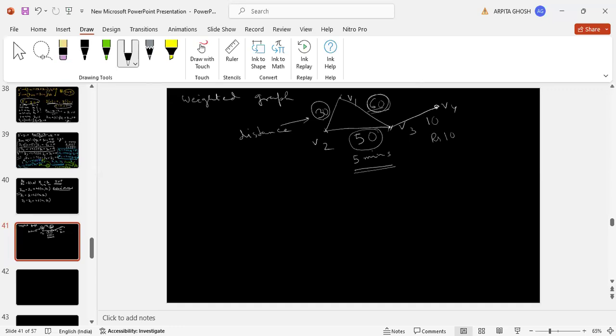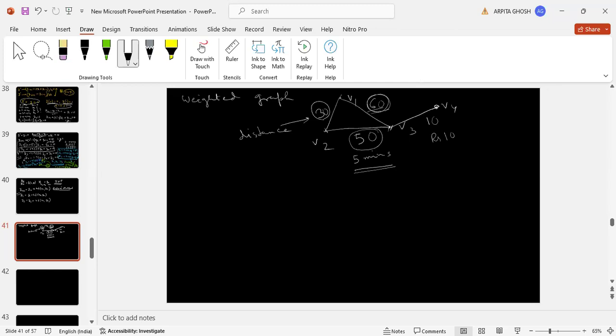That means the numbers associated may be the distance between 2 points, they may be the time taken to reach from one point to the other, or they may be simply the cost involved while going from V3 to V4, or something else also. Simply some real numbers are associated with the edges.